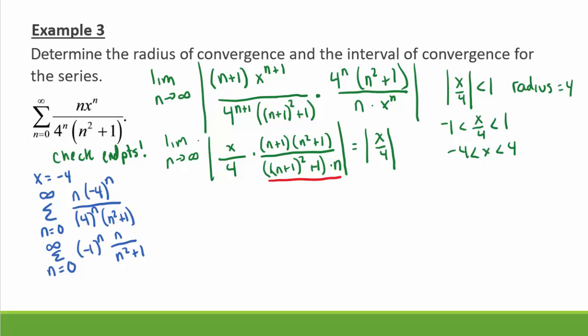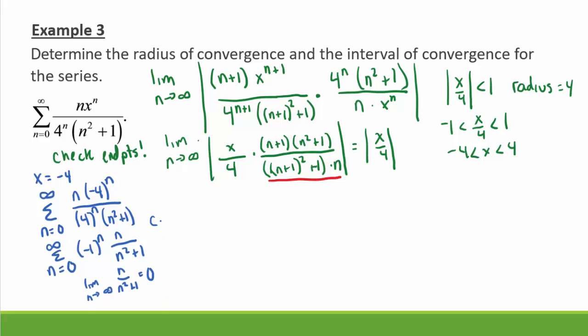Now look at this and notice it's an alternating series. When you see this -1, remember, go back to that alternating series test. The alternating series test: check in your head, each term gets smaller. That's true. Now you have to state that the limit as n goes to infinity of n over n squared plus 1 equals 0.